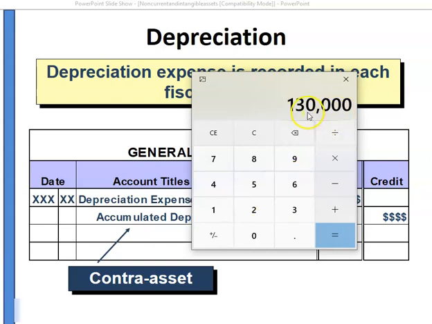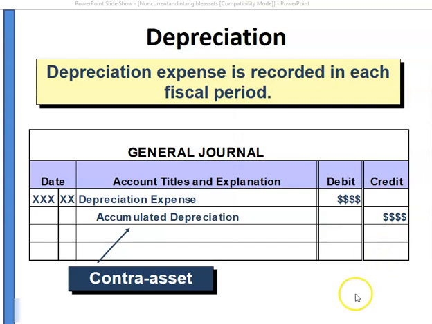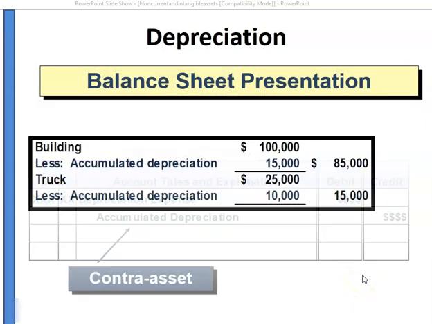But we have the building on the balance sheet for $130,000. We have accumulated depreciation on the balance sheet for $6,000 as a credit. And so we would say our net asset value for that particular asset is $124,000. But we're always going to show that building at that $130,000 that we put it on there for initially on the balance sheet.